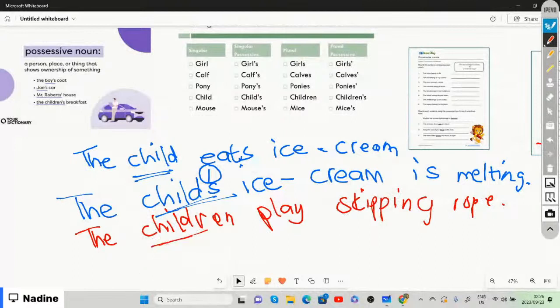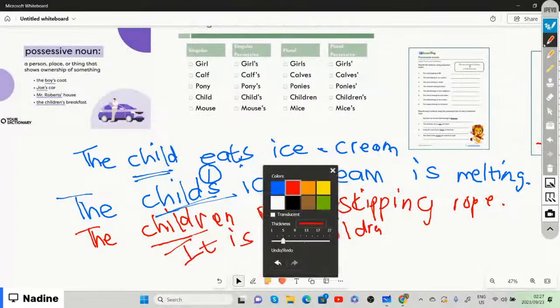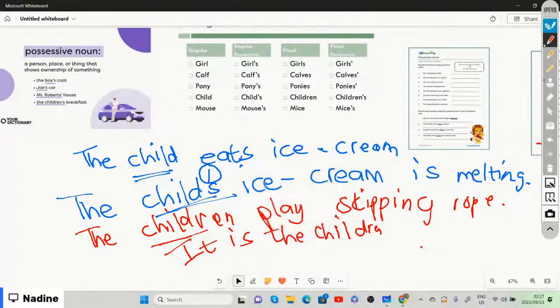So now we can maybe say, who does the skipping rope belong to? We can say it is the children's skipping rope.